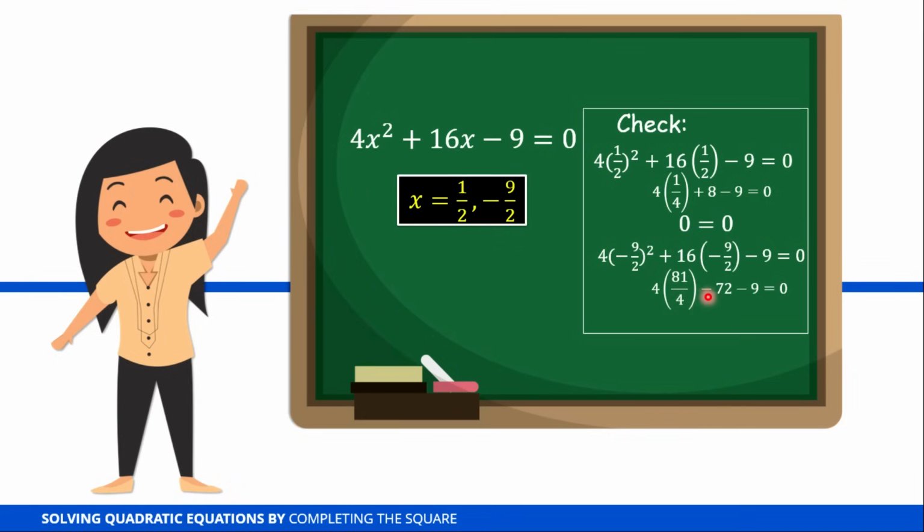Now, 81 minus 72 minus 9 is equal to 0, which equals the 0 on the other side of the equation. This means our answer of negative 9 over 2 is correct. So, that's it. These are the roots or solutions we got. We have verified them: 1/2 and negative 9 over 2.